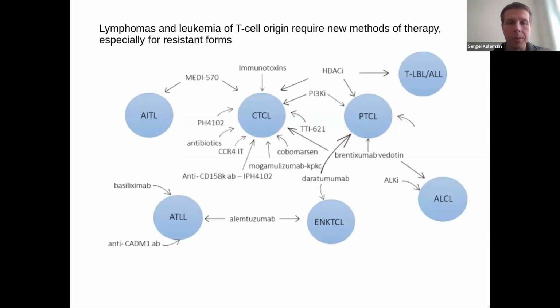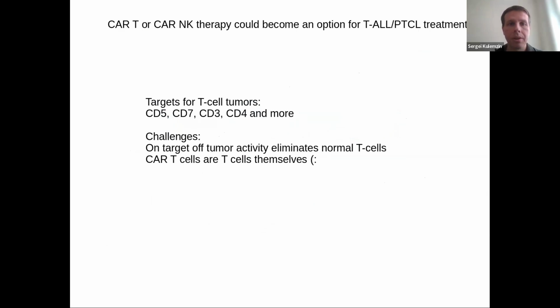Also, we are working with novel tools to treat tumors of T-cell origin. You know, they are quite hard to treat with standard protocols of chemo and radiotherapy. So CAR T and CAR NK therapy could become an option for T-ALL and PTCL treatment, but there are also some challenges. On-target tumor activity eliminates normal T cells, and that could be a really life-threatening condition for the patient.